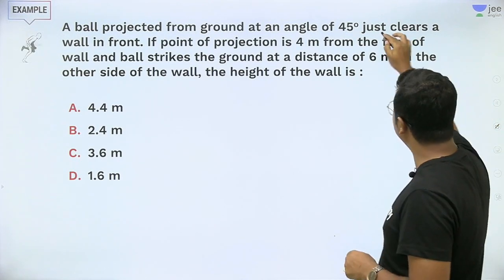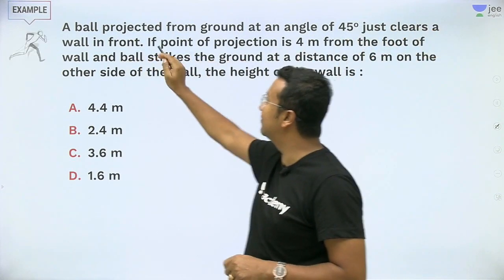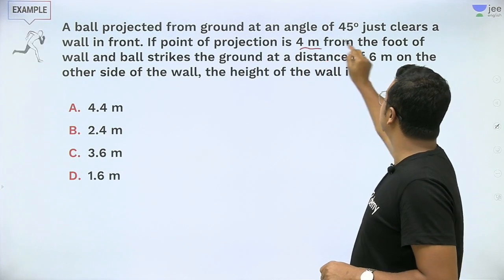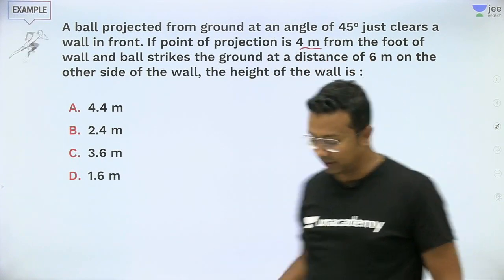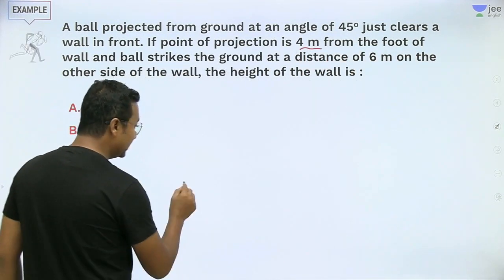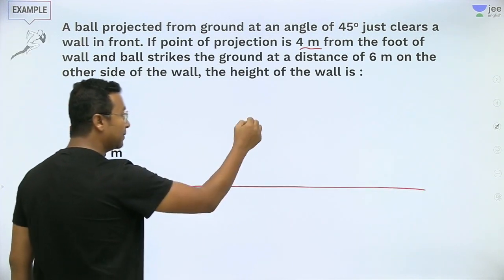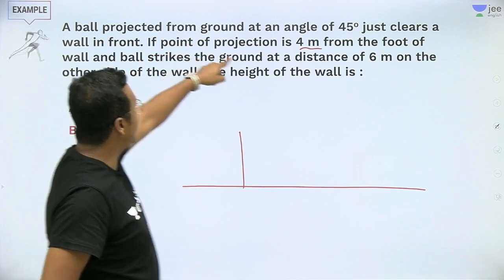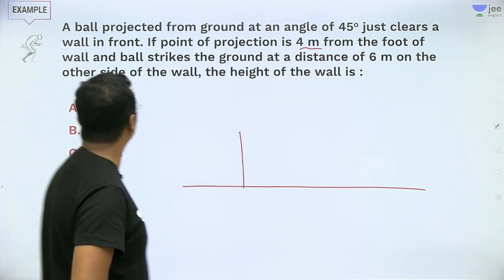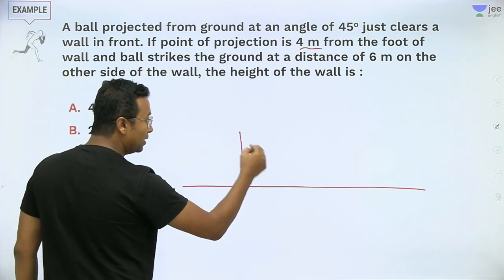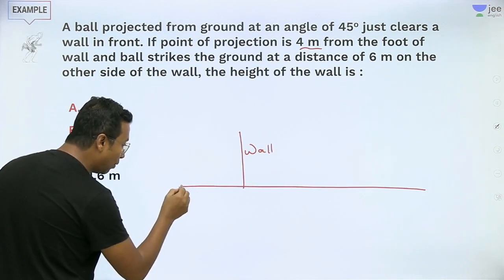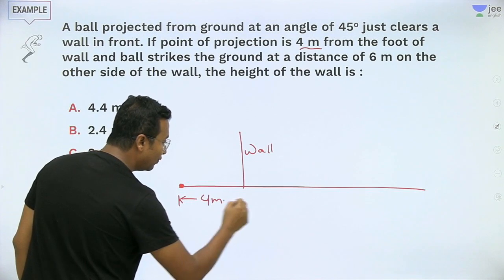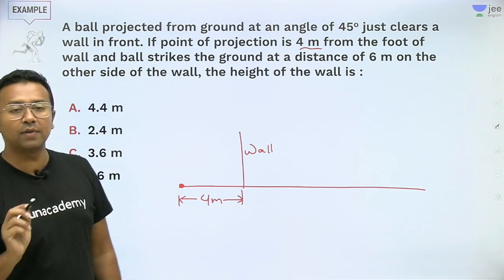Okay. Now, it just clears a wall in front. If the point of projection is 4 meters from the foot of the wall. Okay. So, let me just draw the situation out here. Let me draw the wall out here. So this is my wall and the point of projection is here, which is at a distance of 4 meters from the wall.